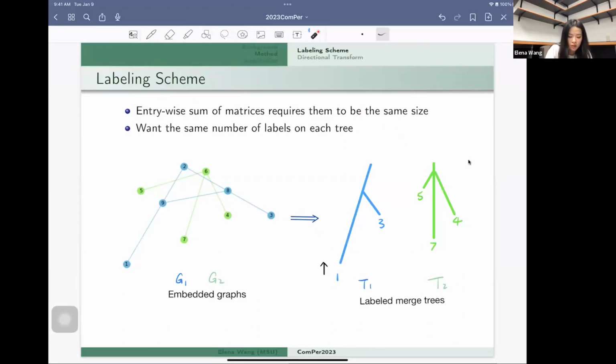So for example, G1 here has 5 nodes, and G2 here has 4 vertices. And their labeled merge trees are different too: one has 2 leaves, one has 3 leaves. So they're all different sizes. So we want the same number of labels on each tree. And how do we do that?